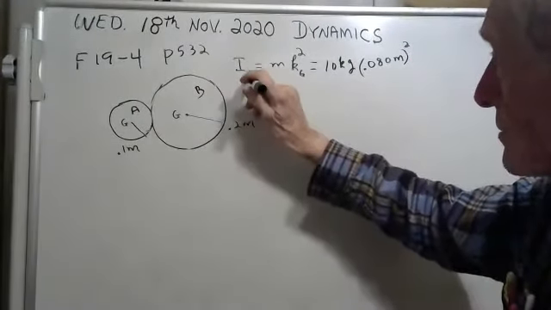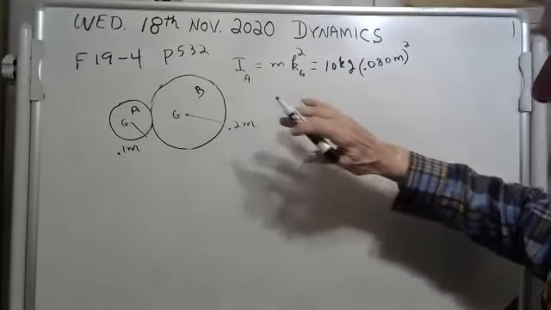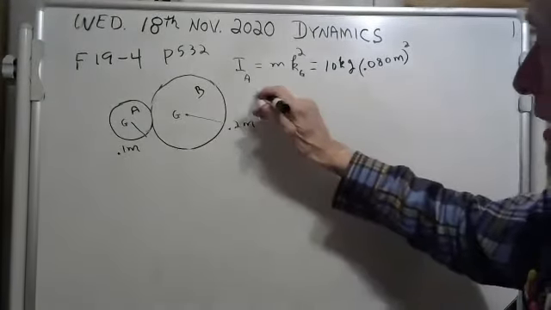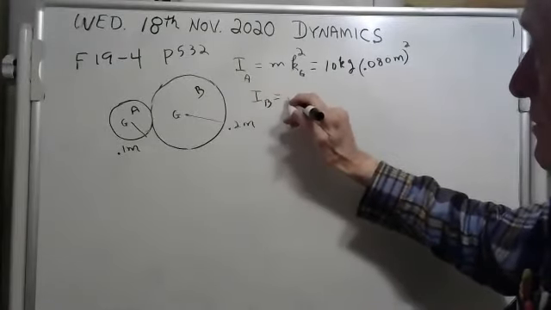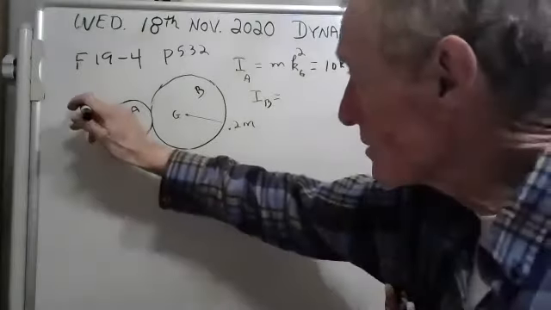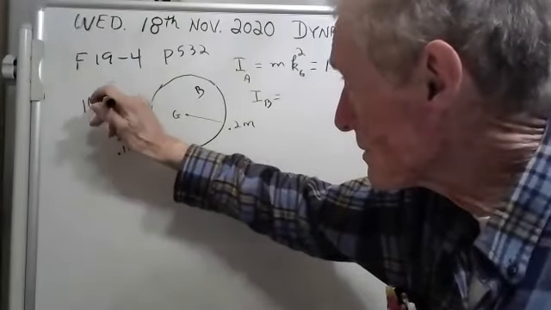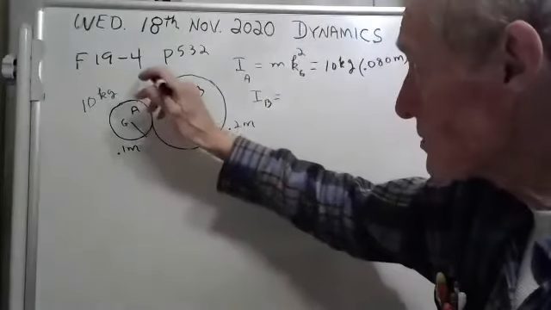The moment of inertia for A about its center or centroid or center of gravity is that. And the moment of inertia about B would be, see, they said this was 10 kilograms. What's the other one? 50. This one's a lot heavier.